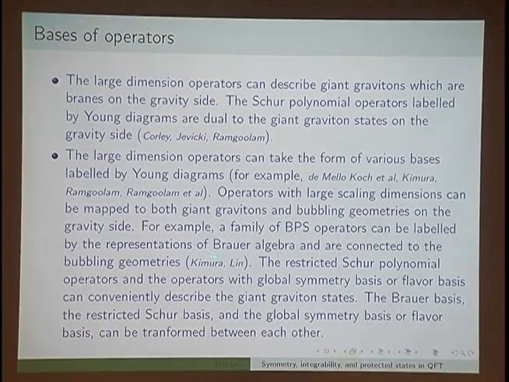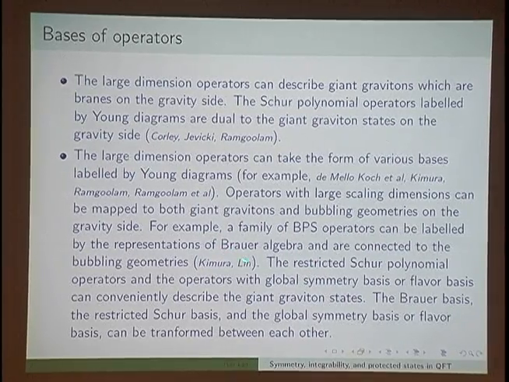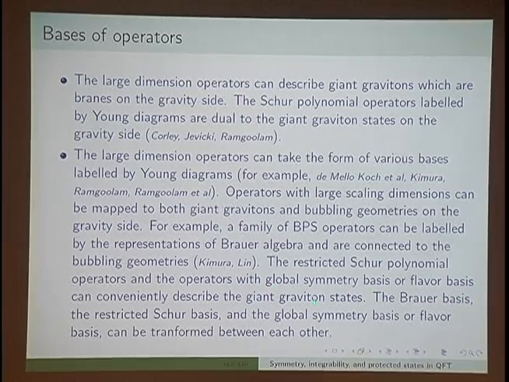And another label is by using the representation of the Brauer algebra. The Brauer algebra is a generalization of the symmetric group algebra, by adding contractions. And the third label is by using the global symmetry basis. When there are a number of fields which are related by global symmetry, one can use a global symmetry basis. These bases can all be transformed between each other in a linear way.